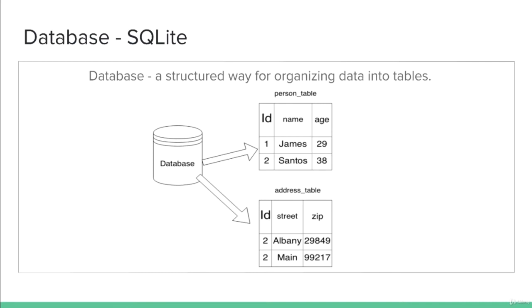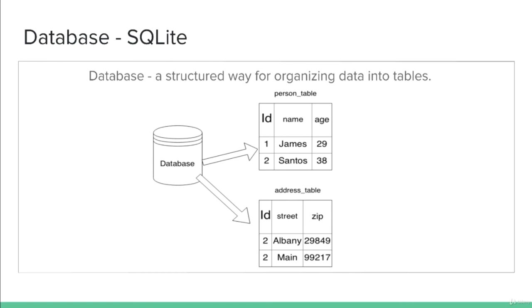On the first column, we have an ID. So these IDs are incremental, meaning as we add items to our table, in this case the person table, we can add a name, we can see James, and an age column. Okay, so as we start adding items, rows will be incrementally added.